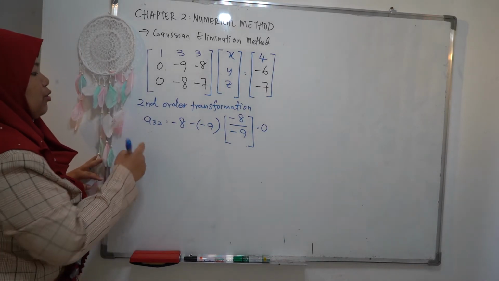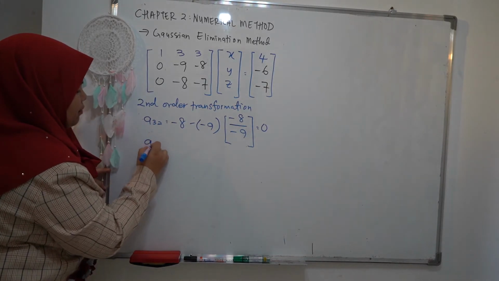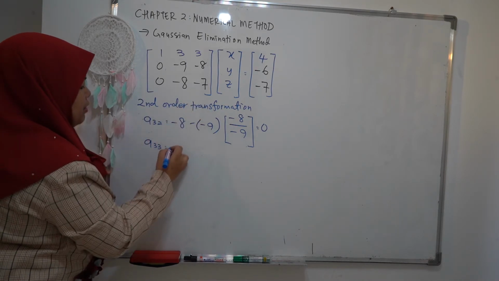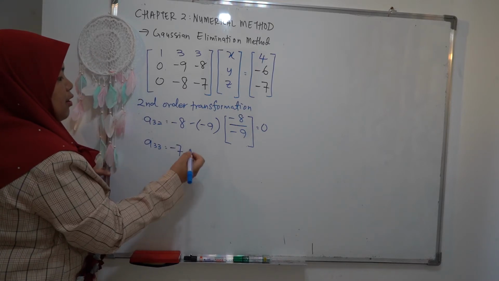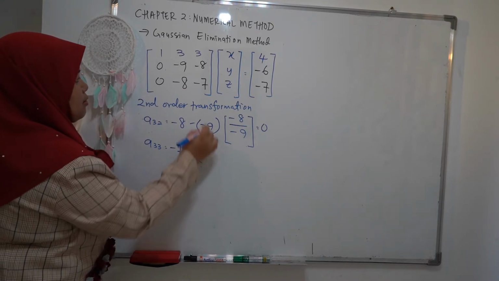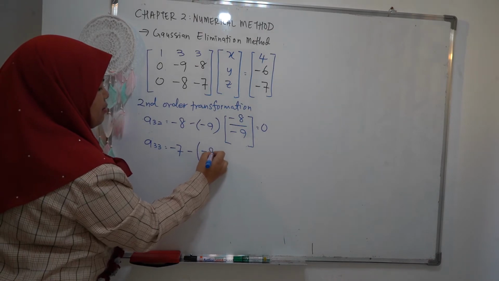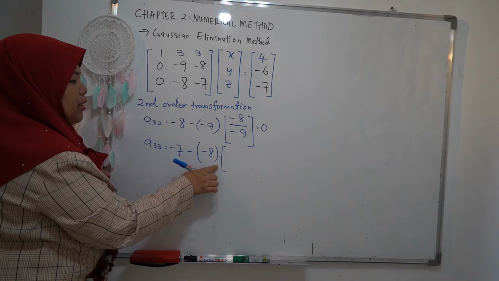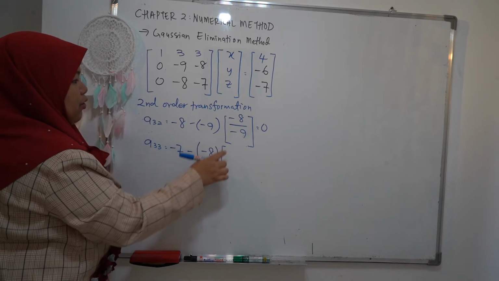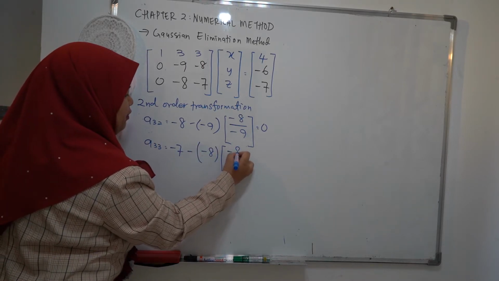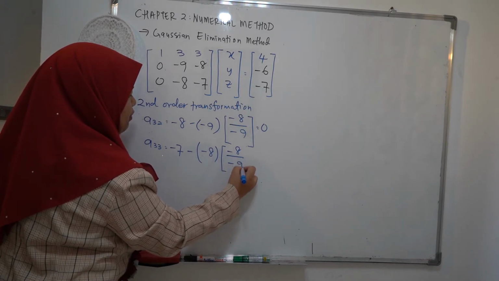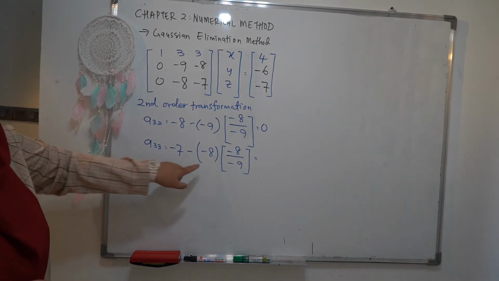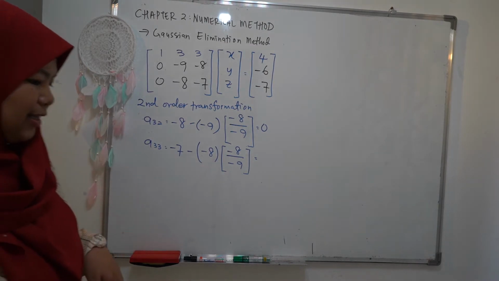So I continue with A33, which is negative 7. I minus with negative 8, the same as the previous, so negative 8 over negative 9. For this one I have to use a calculator.